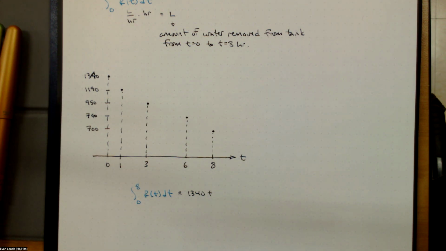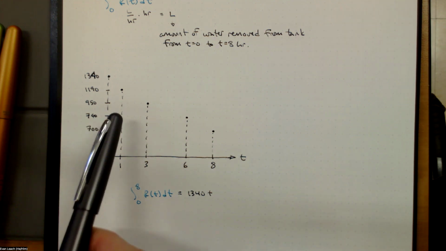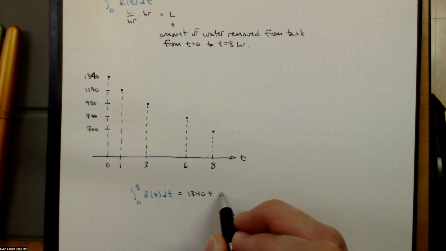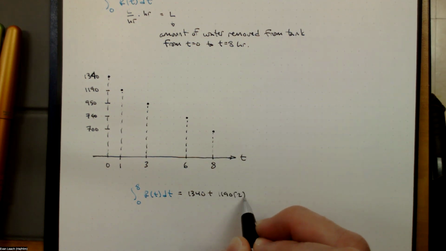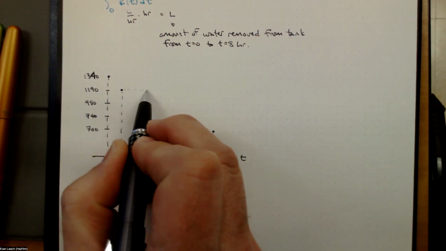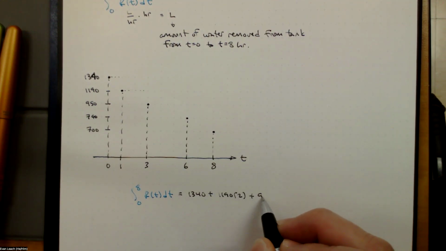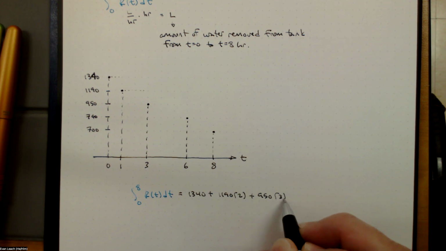Then the next one, using 1190, we could add 1190, but we'll do that twice, because that would just go straight across. And then use the 950 3 times.